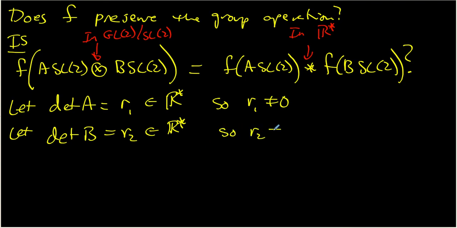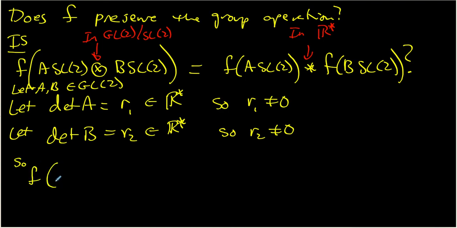So r2 is also known not to be 0. And we know that we can do this. We know that we have these two facts because we are assuming that A and B are in GL2. Let A and B be two arbitrary elements of GL2, and so the determinant of A and the determinant of B are known to not be 0. Now I'm simply going to compute each side.